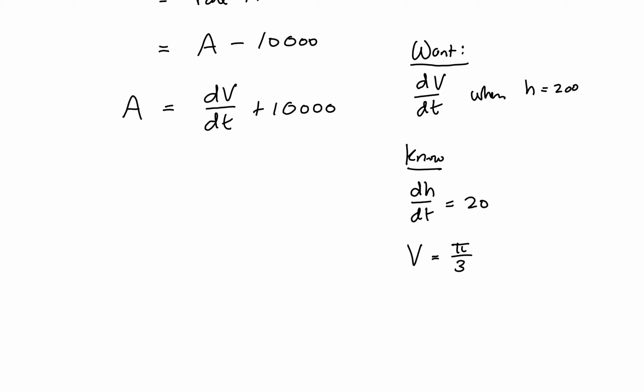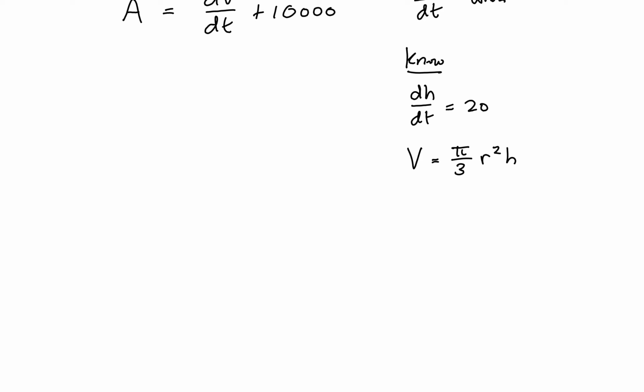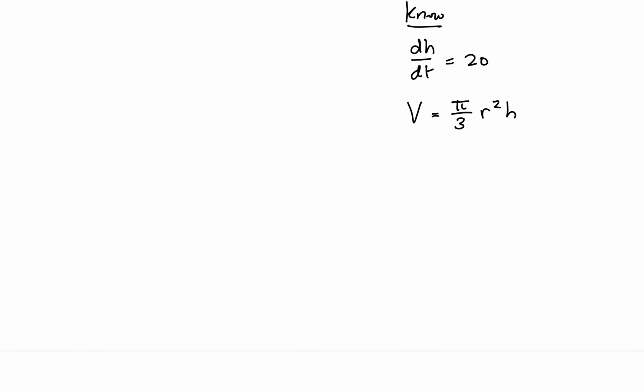It's pi over 3 r squared h. So now note we have V as a function of h and a function of r, both of which are functions of t.